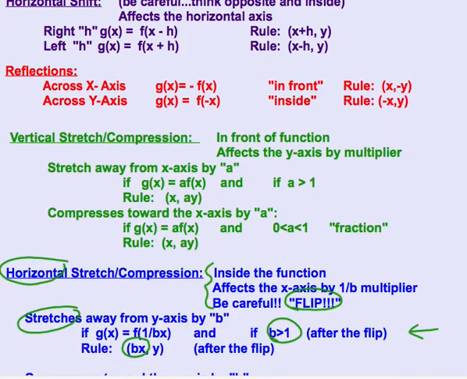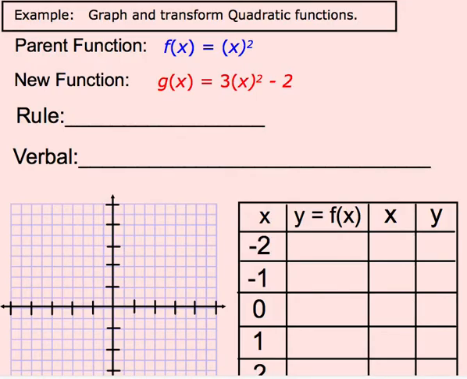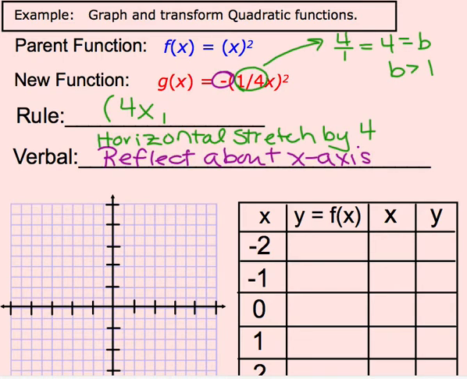Reflect about the x-axis because the negative is in front. And how we do that is we think opposite. We're going to negate all of our y values, so all of our y values will be a negative. So I'm just going to go ahead and write down here my rules, negative, and our multiplier of 4.